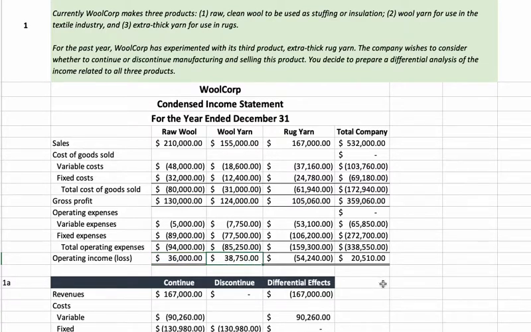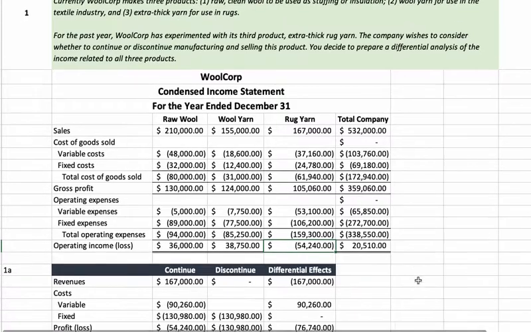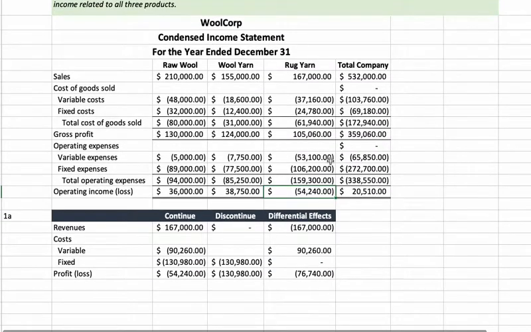Wool yarn has an operating income of $38,750, and our rug yarn actually is posting a loss of $54,000. So our job is to go through and prepare a differential analysis to determine whether we should continue or discontinue this rug yarn.